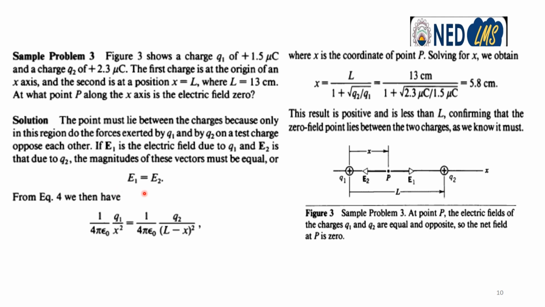So E1 will be equal to kq over r square, and E2 is kq2 over r square. In the last slide we have already discussed the electric field according to Coulomb's force, so we have used the formula kq over r square.